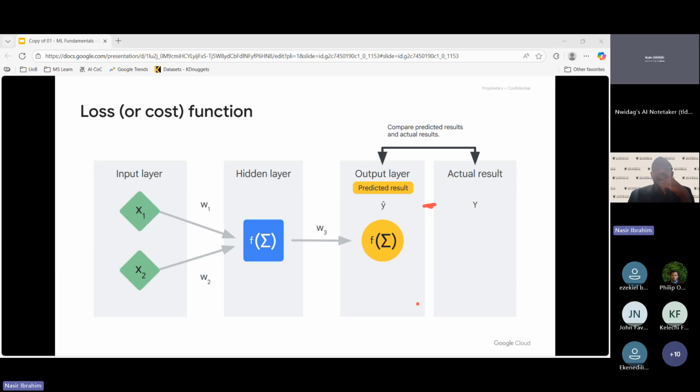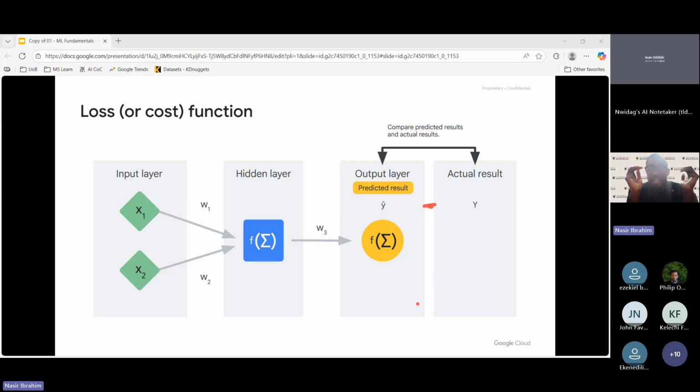The measure is used to calculate the error for your model, and the objective of training your model is to reduce the error as much as possible, to get the minimum level of error. Basically, you want your model to predict as close to the actual results as possible.